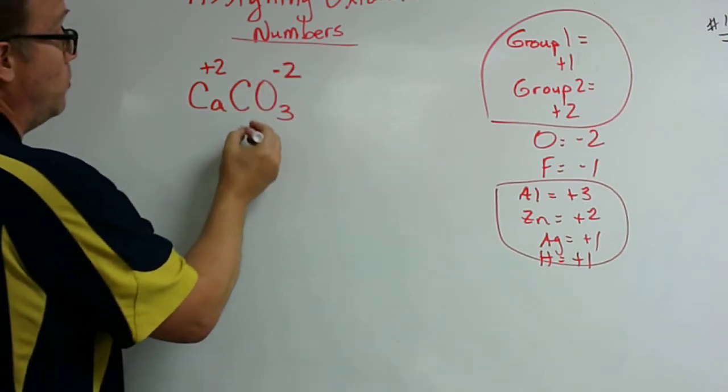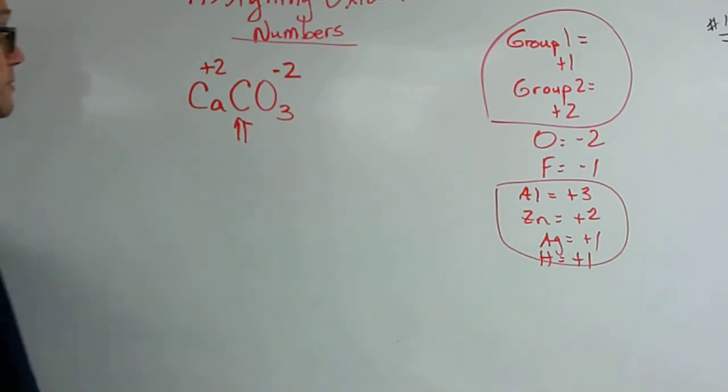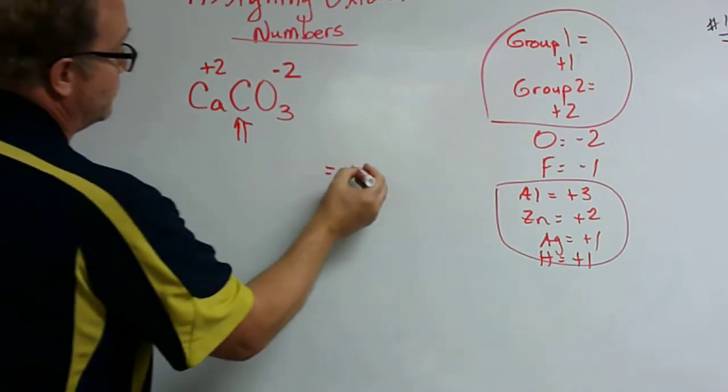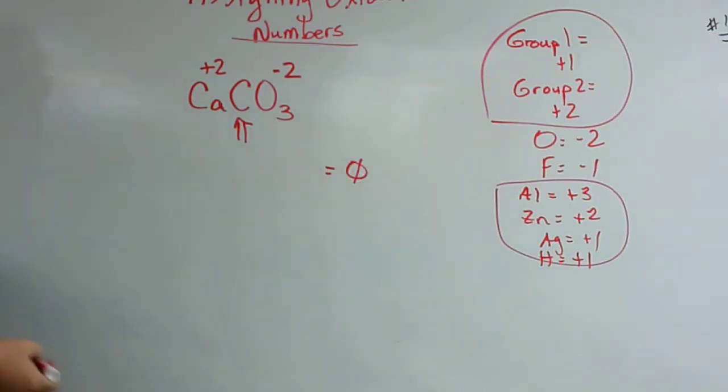They're going to say, well, what is the oxidation number of carbon? Well, we just have to know that this is going to be kind of like a simple addition-subtraction problem. When we started out, this one was a zero charge.